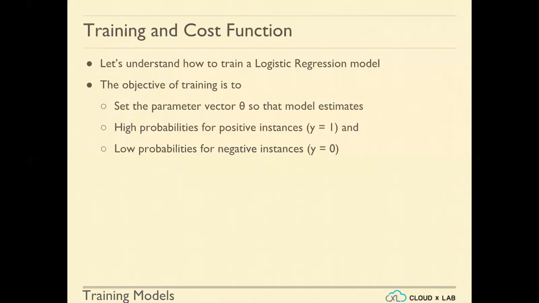So all we are going to do in this training is find those thetas for which we get high probabilities when the right hand side is 1, and low probabilities when the right hand side is 0. So we're going to compute those thetas.